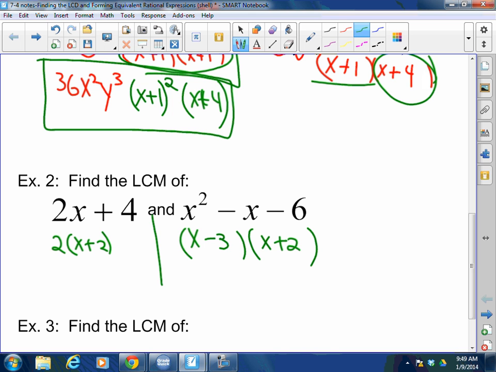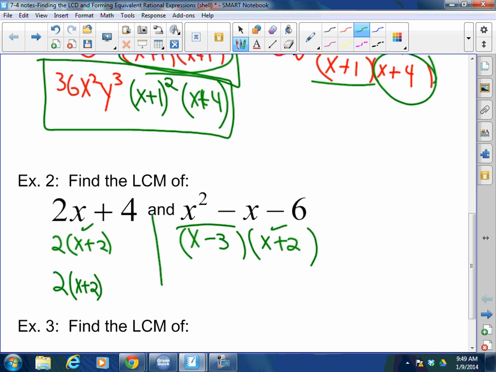Of all these multiples, think about it. We have to write the product of every single common factor to the highest power, along with any non-common factors. So I have a 2, which I need. I have an x plus 2 here and an x plus 2 here, so all I need is one x plus 2.